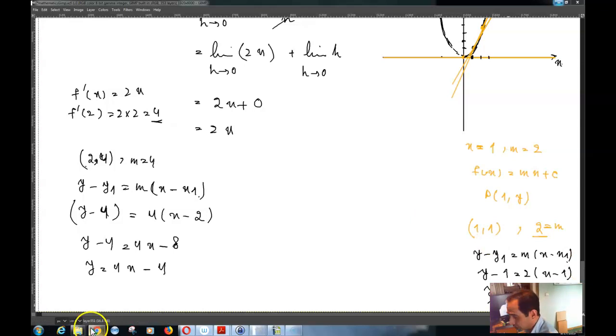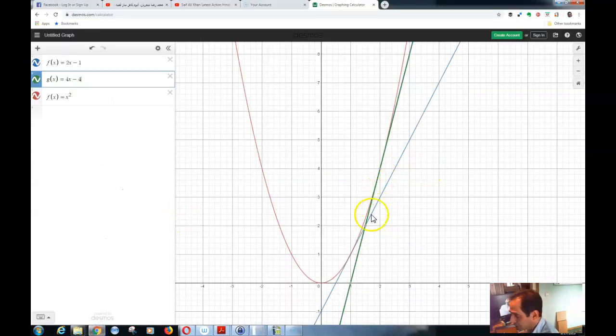So that's basically the meaning of the derivative of a function.